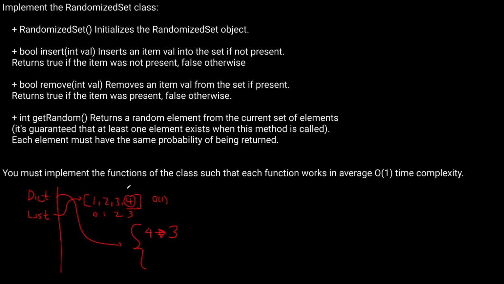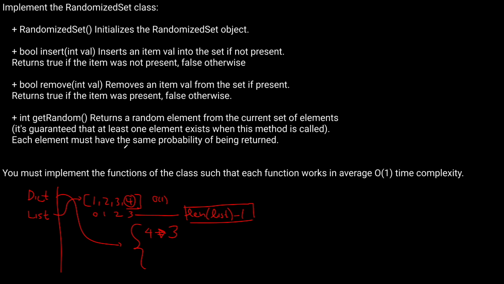We just append to the end of our list, and then we add it to our dictionary by putting the key and then saying which index we just inserted it at, which is always going to be the length of our list minus 1, because that's the index of the last element that we just inserted. So it's quite simple.